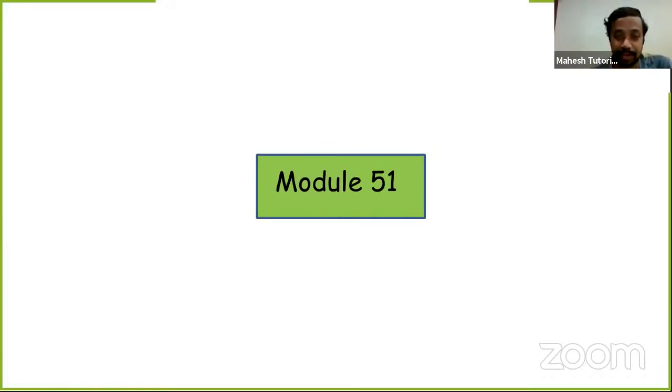Now, students, today we are moving towards the next concept, the last concept of this particular chapter, which is nothing but word problems. Word problems based on linear equation in two variables.